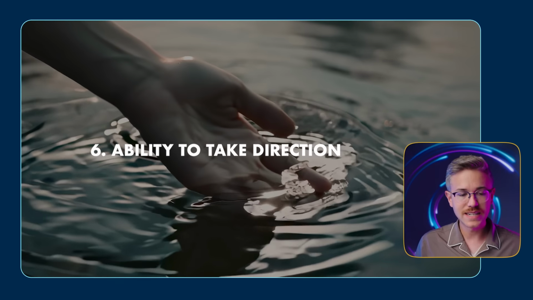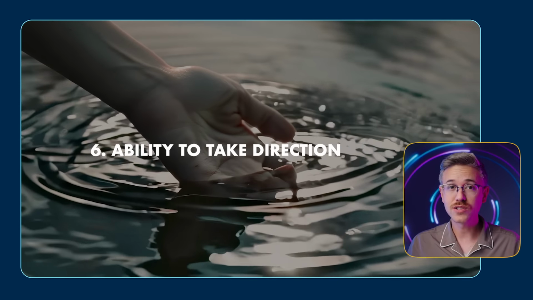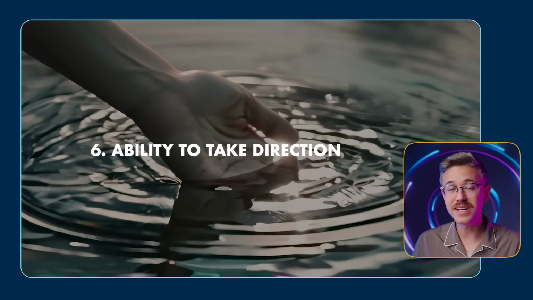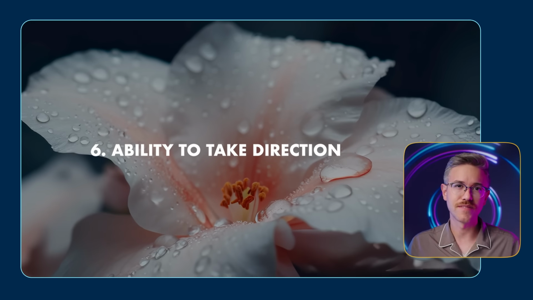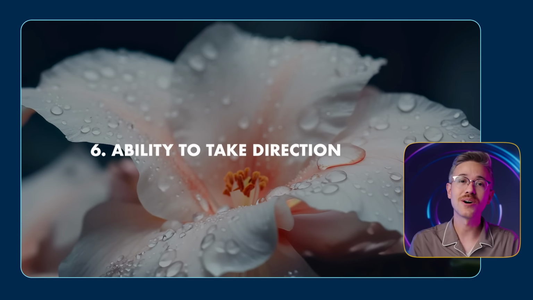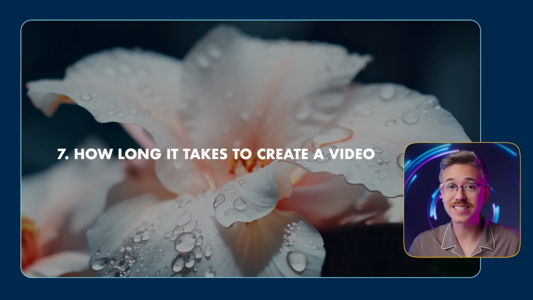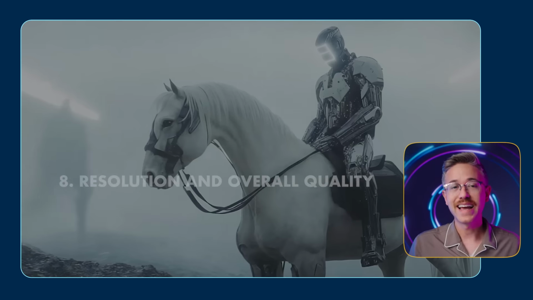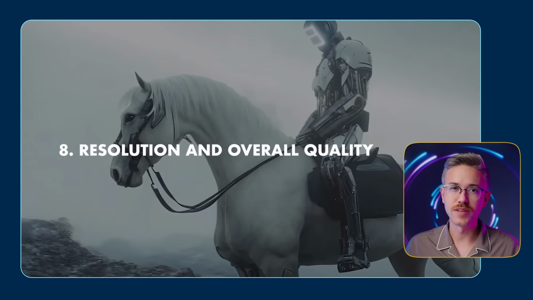The sixth criteria is the ability to take direction. So while it's great to insert an image and get a video, you want to be able to direct that video and push it in a specific direction. Telling great stories is all about having creative control. The seventh criteria is how long it takes to actually create a video. The eighth criteria is the resolution and the overall quality of the pixels.